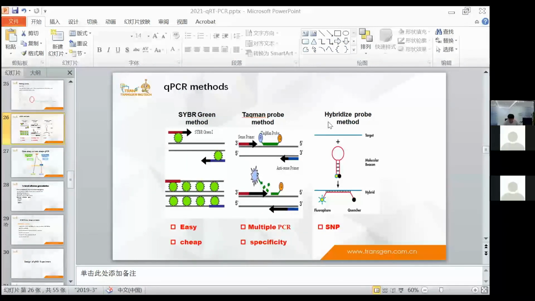Should the internal control be included in multiplex qPCR? Can a reference gene be an internal control? Yes, the reference gene can be an internal control.